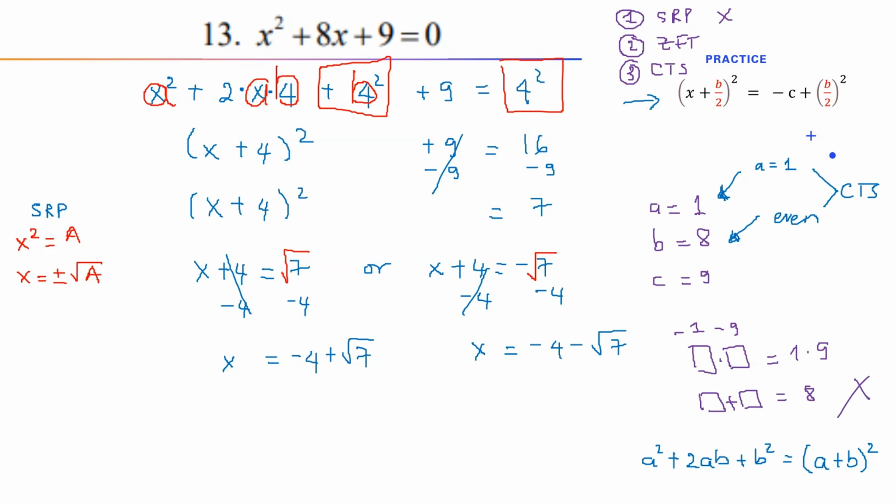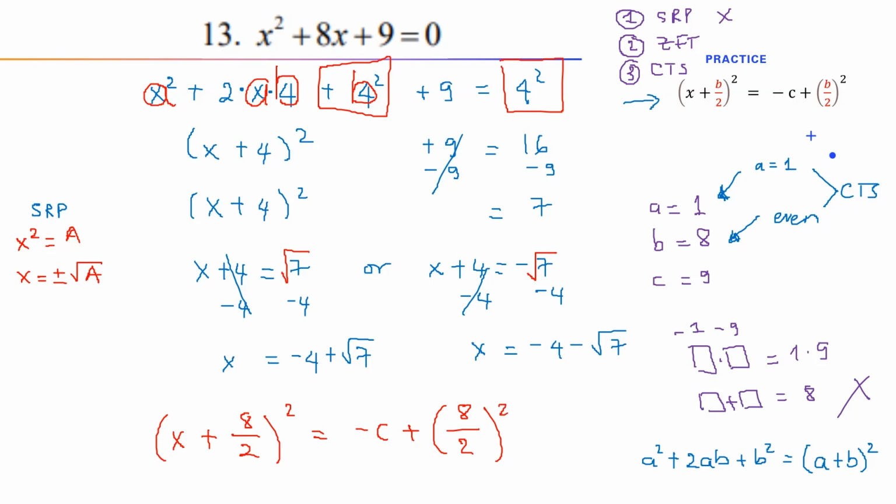And how do we use it, right? That is the formula, so we just plug in. You will see x plus b, which is 8 over 2, squared equals minus c plus b, which is 8 over 2, squared.